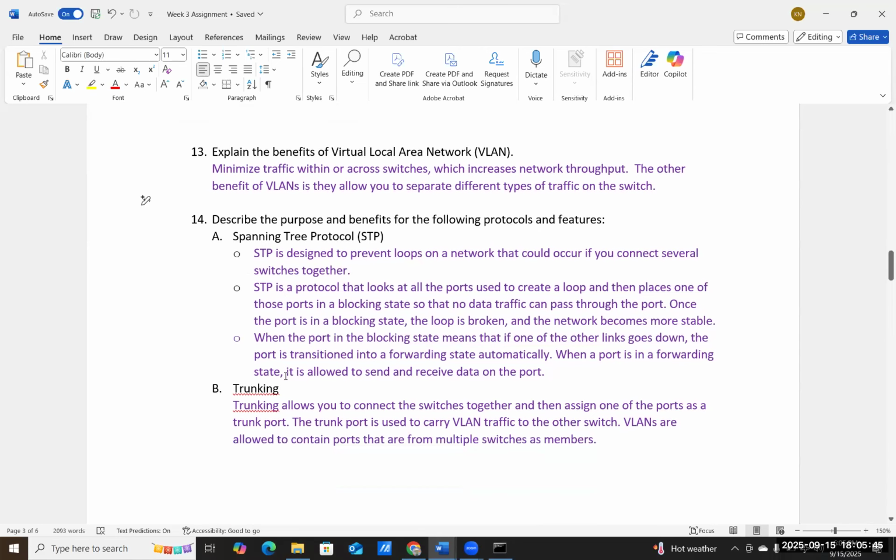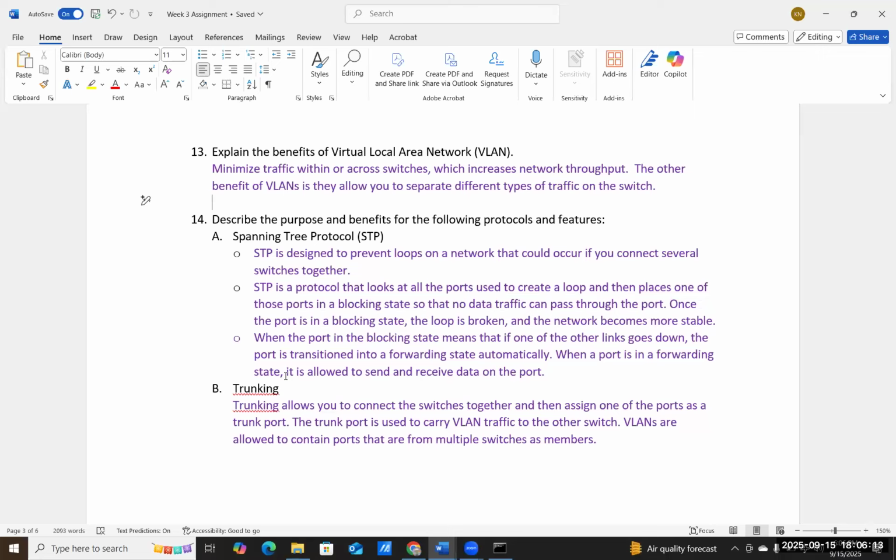Now, when you are working with switches and VLANs, you would likely hear the term trunk or trunking, with the TR, right? This allows you to have multiple switches connected together, and you're going to use one of the ports. Let's say I have a 24-port switch, I use port 1, or port 20, as a trunk port.